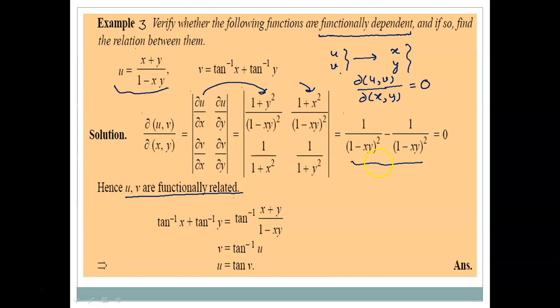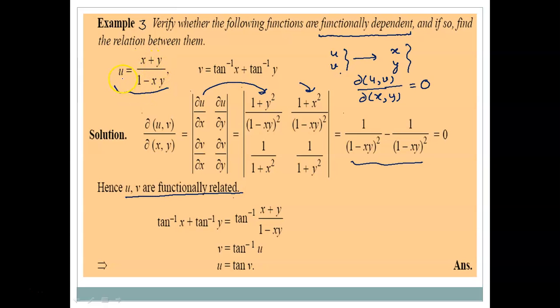That means there must exist some sort of relationship or some sort of equation that connects the variables u and v. So see how we can get that relationship. For this, you have to investigate the given relationship here.